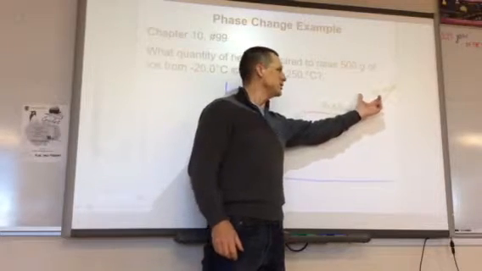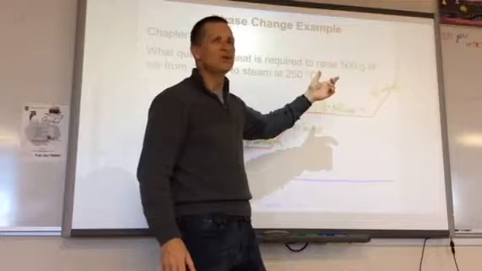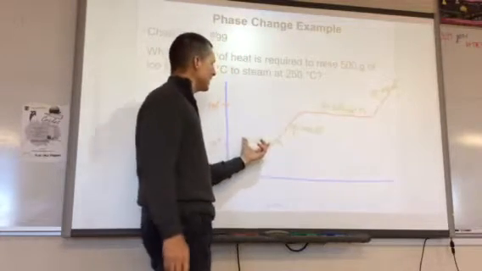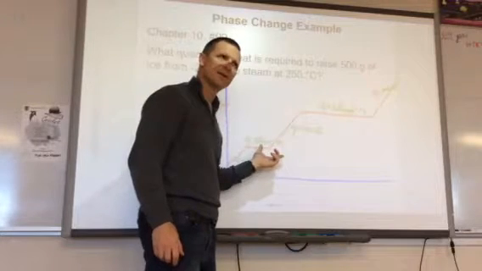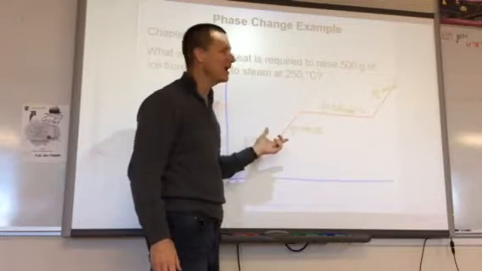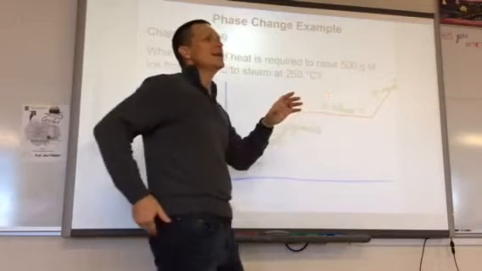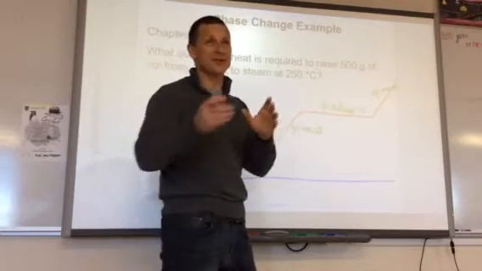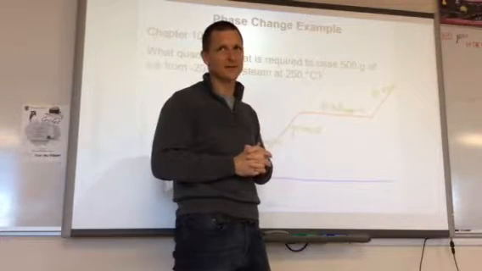What unit do you get when you use mC delta T when you're solving for Q? Joules. What unit are you going to get when you use the heat of fusion or heat of vaporization times moles? It's kilojoules per mole. The delta H is going to be kilojoules per mole, then you multiply the moles out. So be careful when you add these together not to mix the units. You've got to have them all converted to the same unit. Okay? Be careful with that.